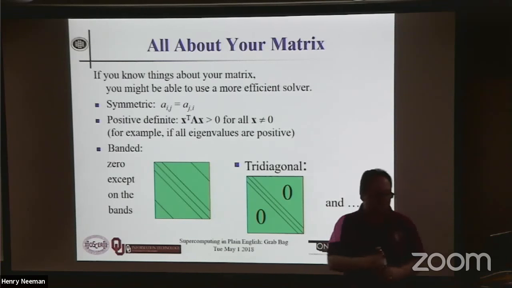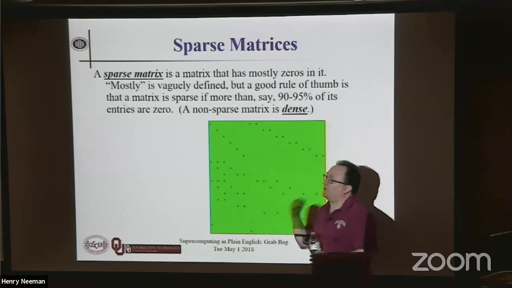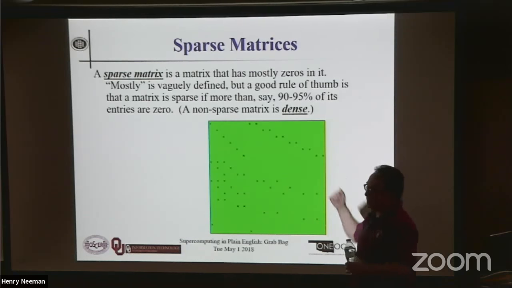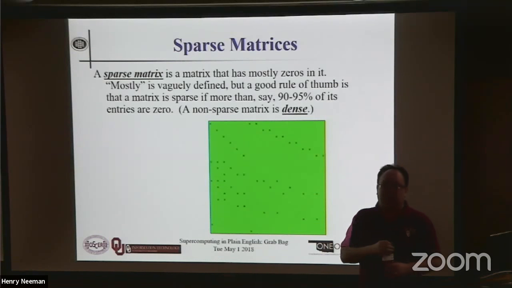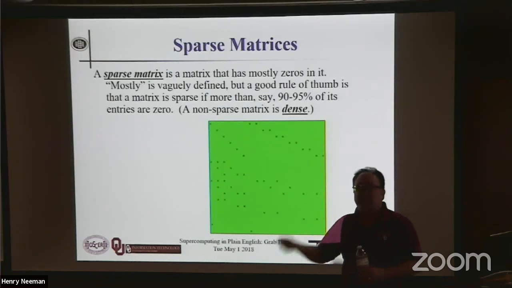Tridiagonal is a special case of banded. But more generally, if you know your matrix is sparse, and by sparse, I mean the overwhelming majority of matrix entries are 0. Because multiplying something by 0 gives you 0, and adding 0 to something doesn't change the value of that something.